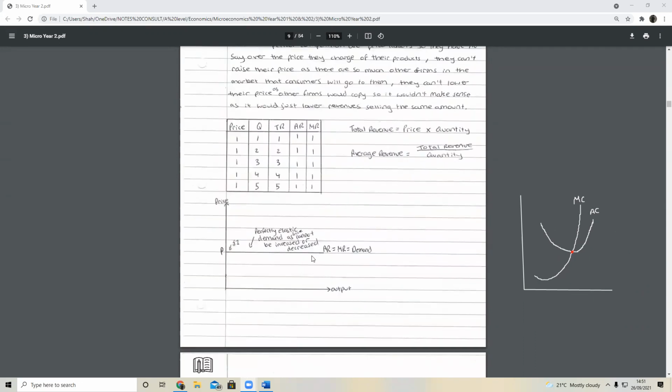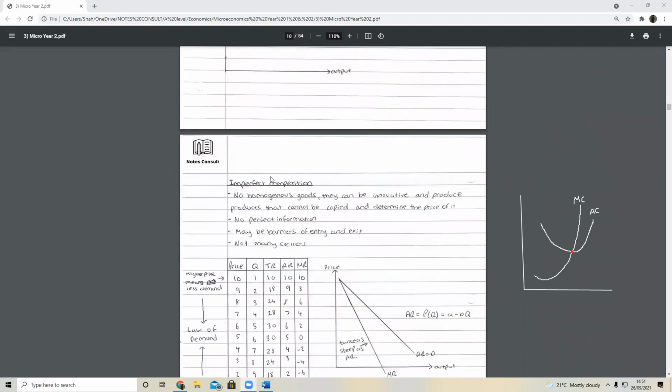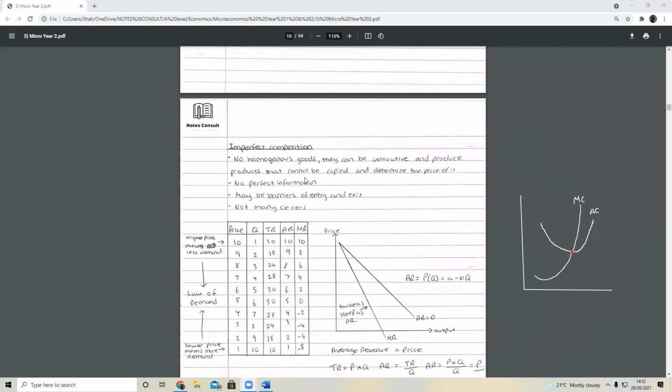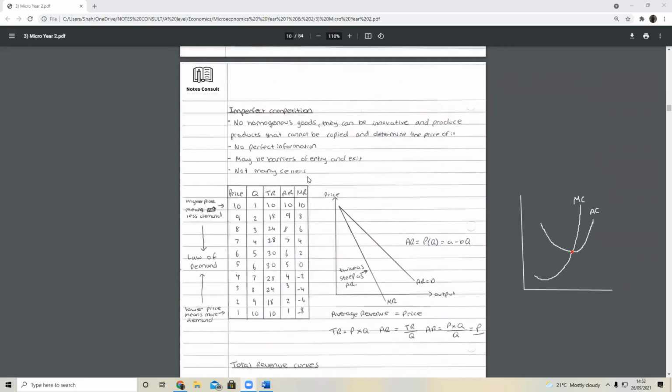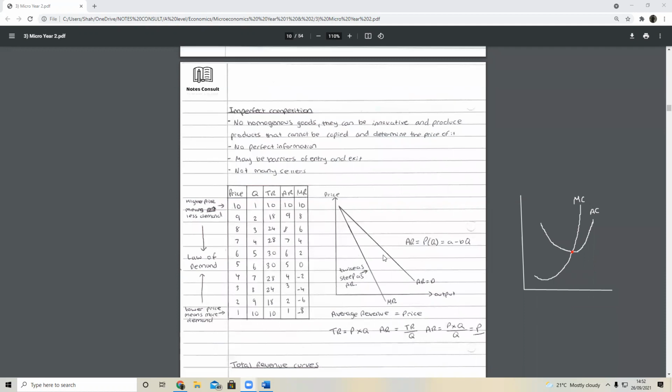But our revenue curve is different when it comes to firms in perfect competition and firms in imperfect competition. In perfect competition, the revenue curve is always flat like this. But in imperfect competition, we have different revenue curves.